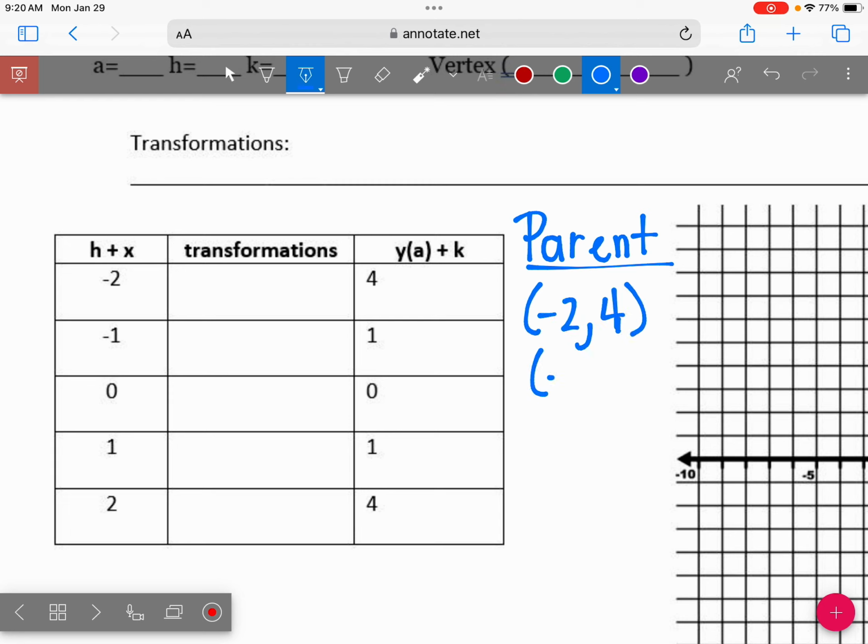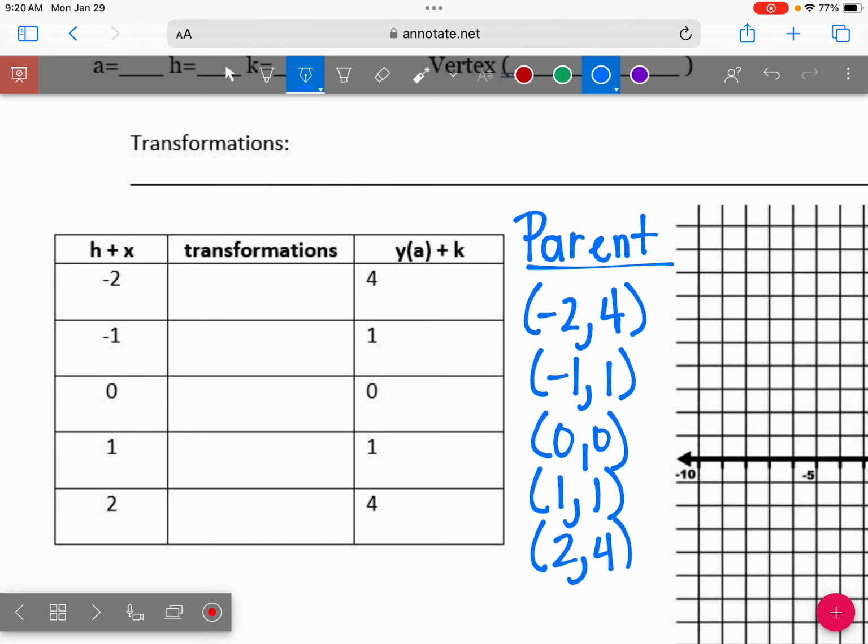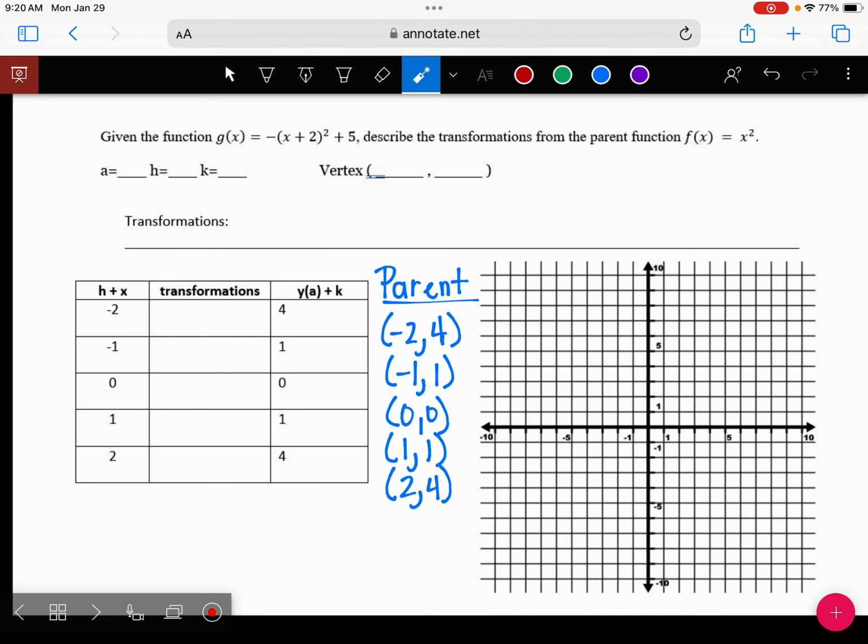All right, this is worth 1 point Friday. You get 1 point for just graphing the parent. And these 5 points will never change. So go ahead and graph this on your extra practice.